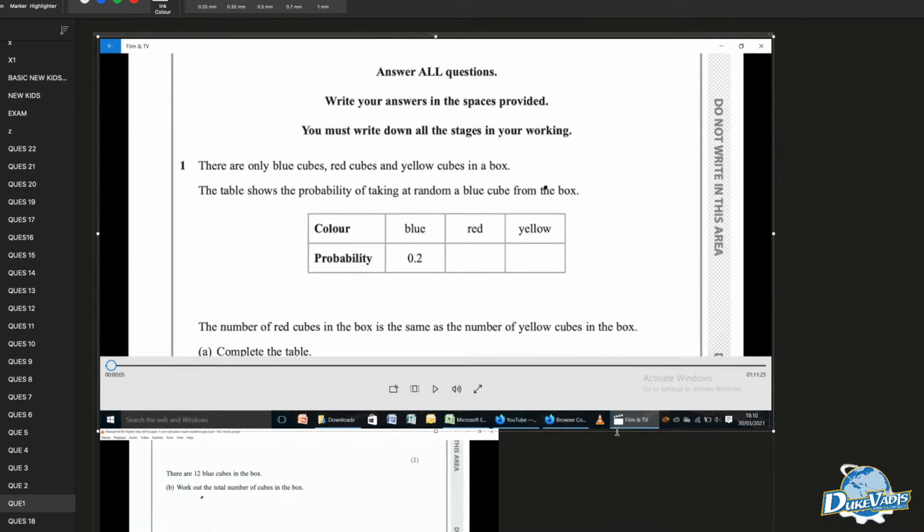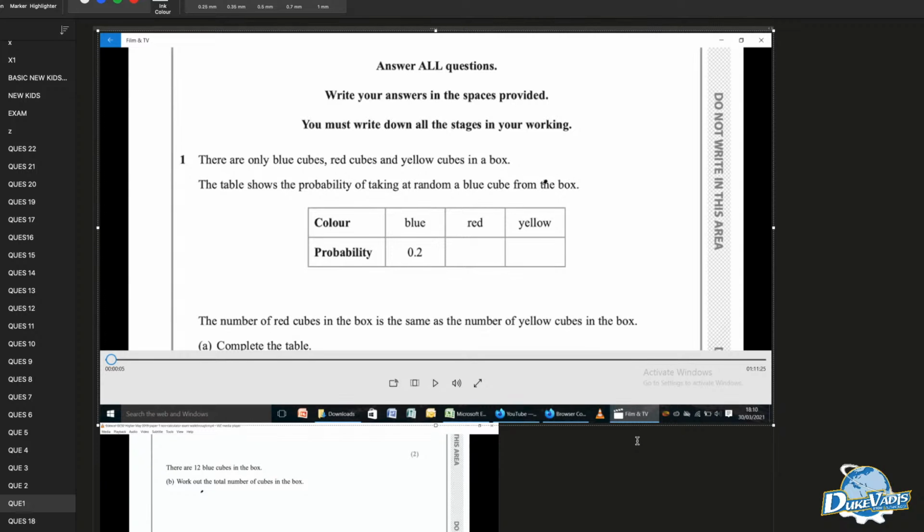The question is that there are only blue cubes, red cubes, and yellow cubes in a box. The table shows the probability of taking at random a blue cube from the box. The first part says the number of red cubes in the box is the same as the number of yellow cubes in the box.